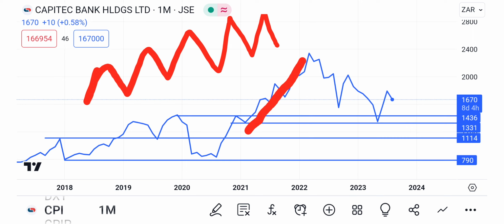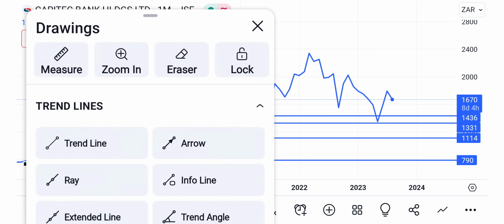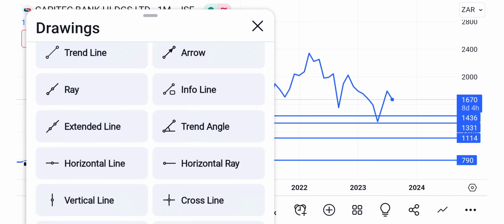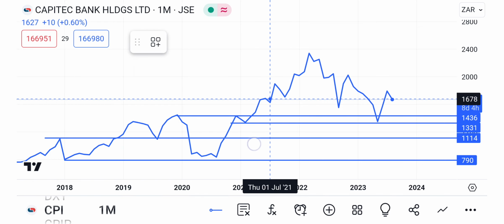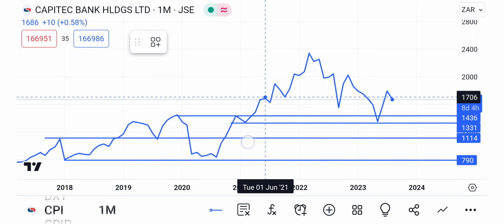So as it was going straight up, it had those wave movements. It moved from this point to this point. Then this was a turning point.